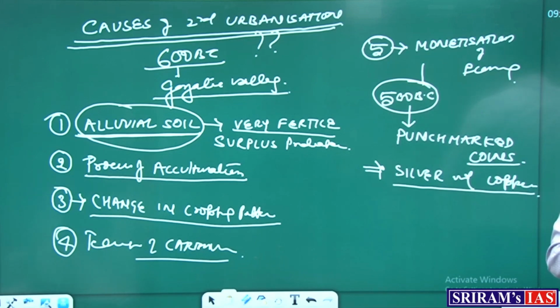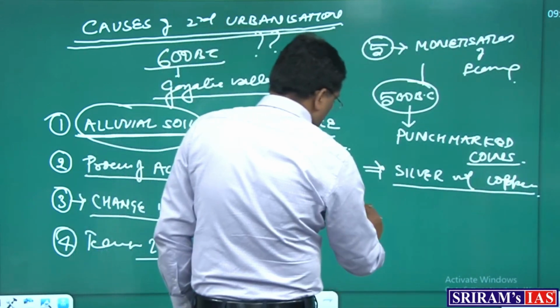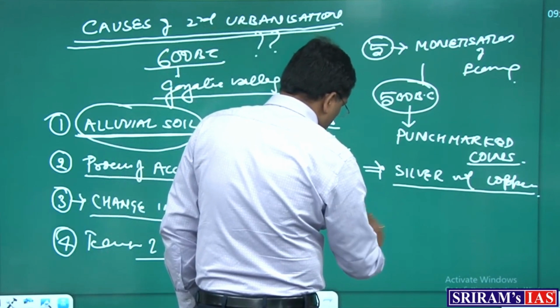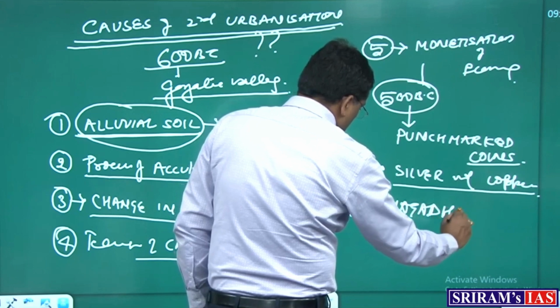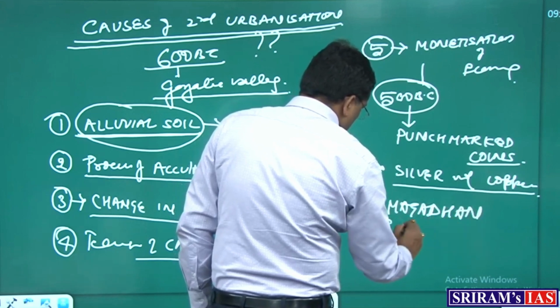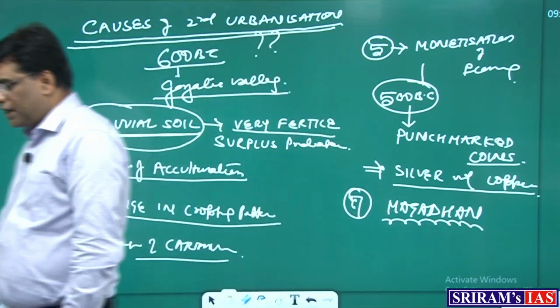Next factor is establishment of the great Magadhan empire, seventh factor, which spread in entire northern India.